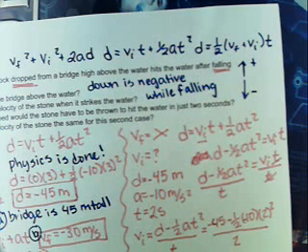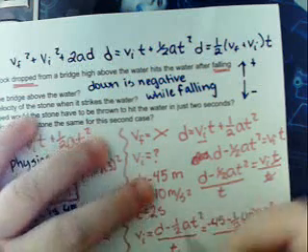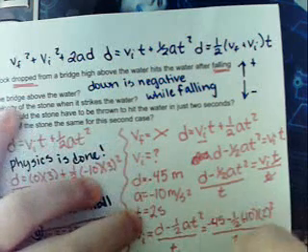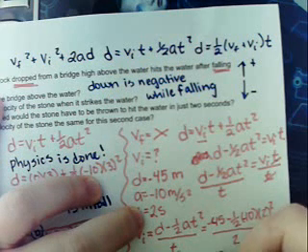Oh, no, I did it right. Negative 25 divided by 2 is negative 12.5, and that's what you get when you plug it all in. So it had to have started with a velocity of negative 12.5 meters per second.